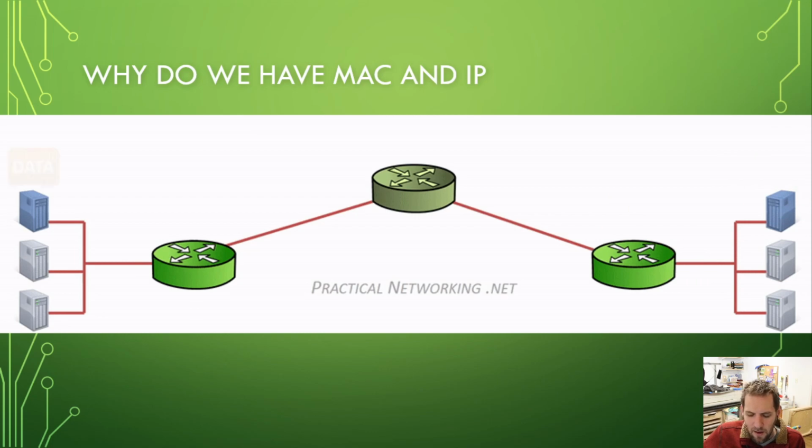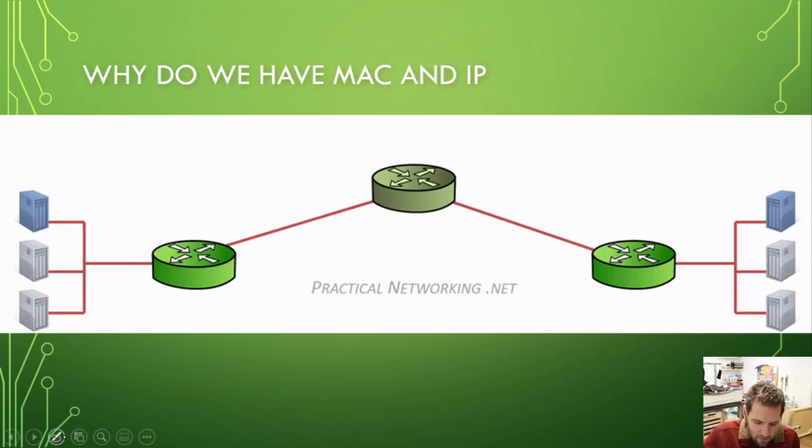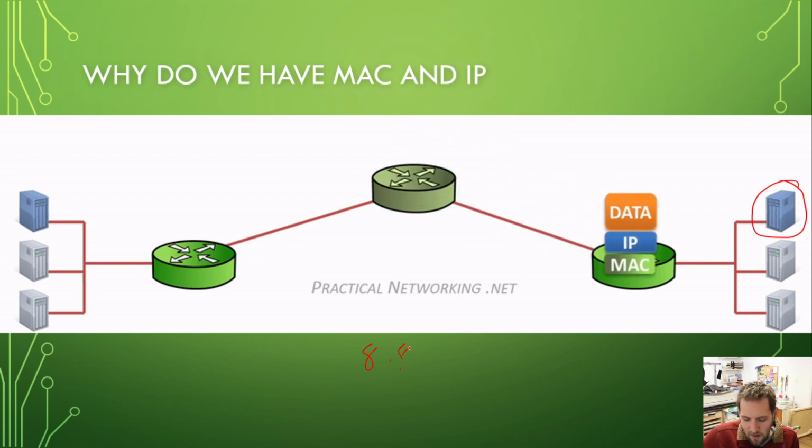Basically, the data doesn't change, and the blue would be the destination IP address. That would be the IP address of this item down here. And if we think of that in the world of Google, let's say 8.8.8.8. That would be what that blue IP address is.